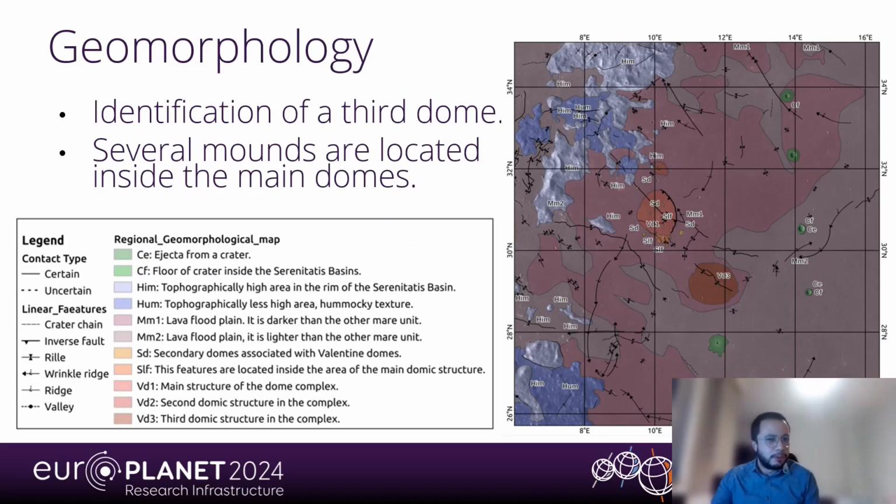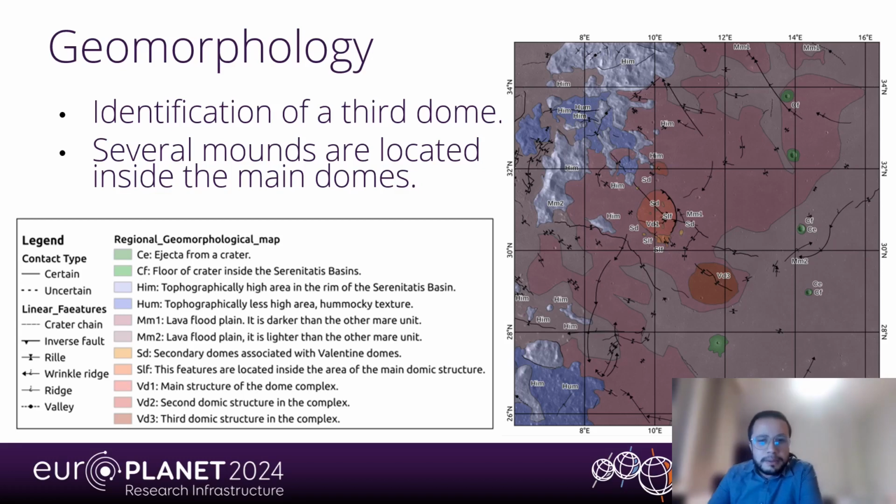To start, we have the geomorphological dimension of this study. Here we have the local geomorphological map. This was an interesting exercise because we were able to identify really interesting things. Most importantly, we have the identification of a third intrusive dome.